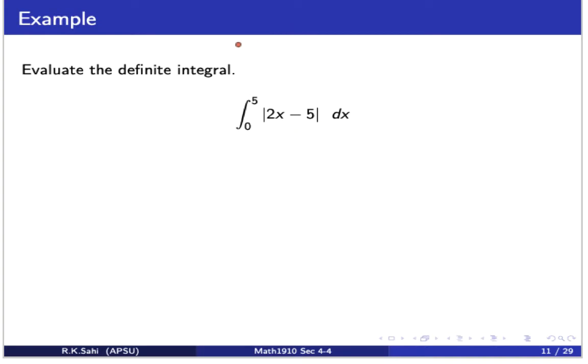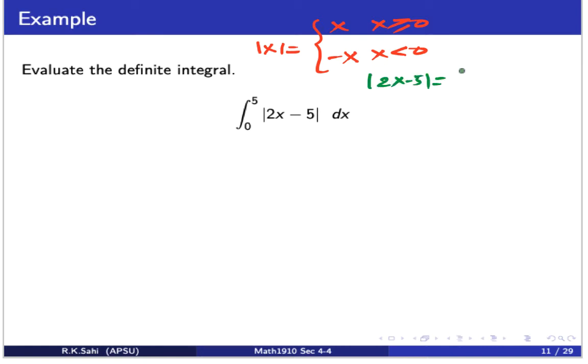If you remember, I'm going to start with a very simple thing: the absolute value of x is defined to be x when x is greater than or equal to 0, or minus x when x is strictly less than 0. On this basis, let's apply it to the absolute value of 2x minus 5.